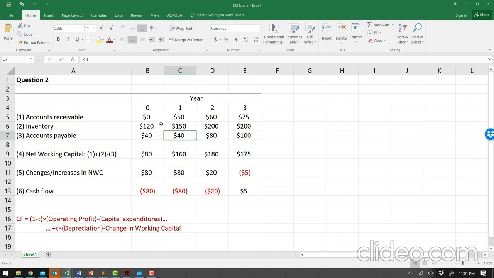But accounts receivable go up from 0 to $50,000, and inventory goes up from $120,000 to $150,000. Therefore, it's this build-up in receivables and inventory that causes an outflow of $80,000 in year 1.